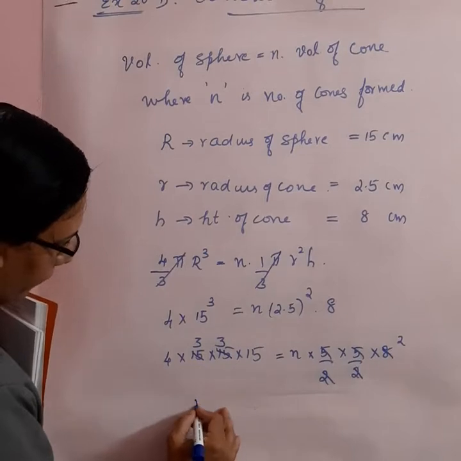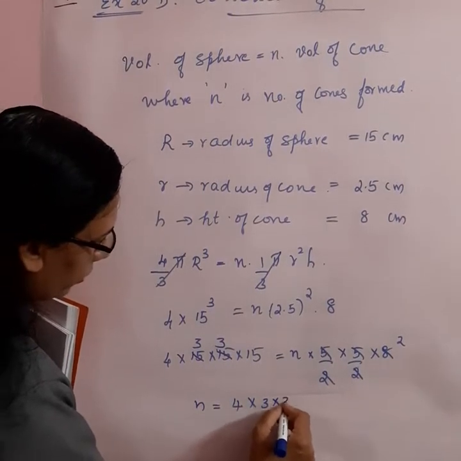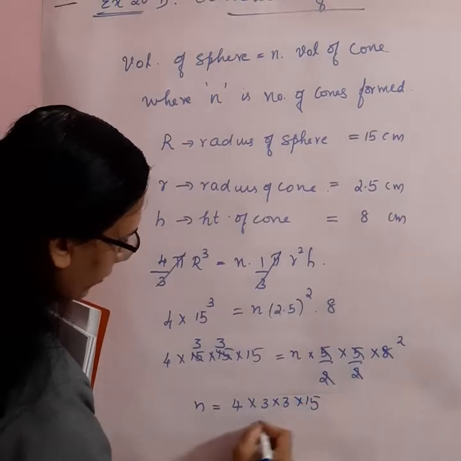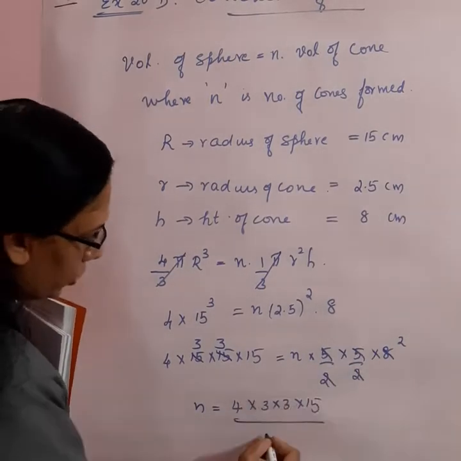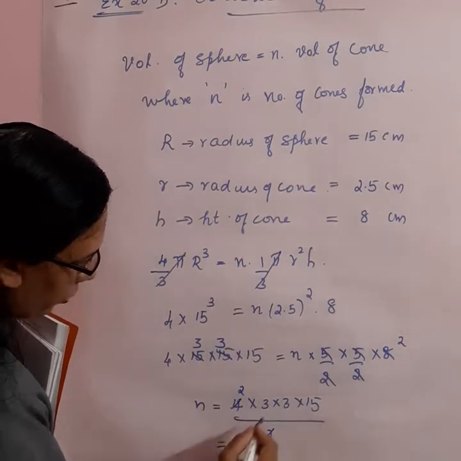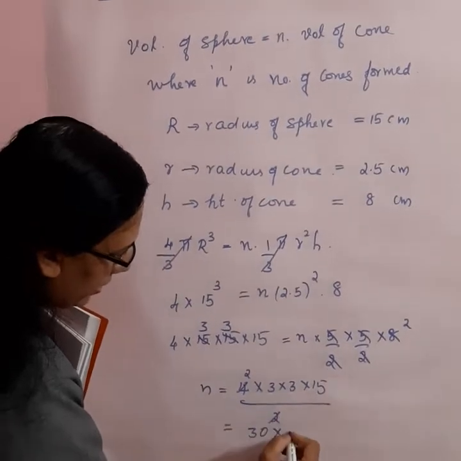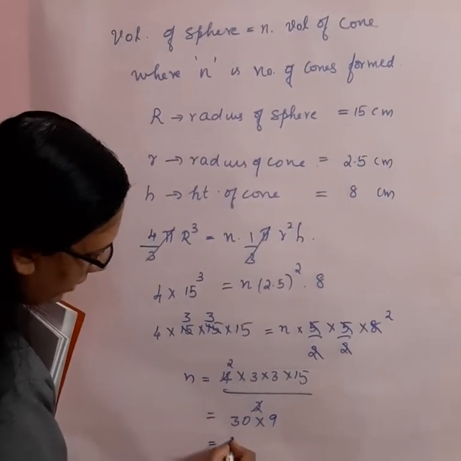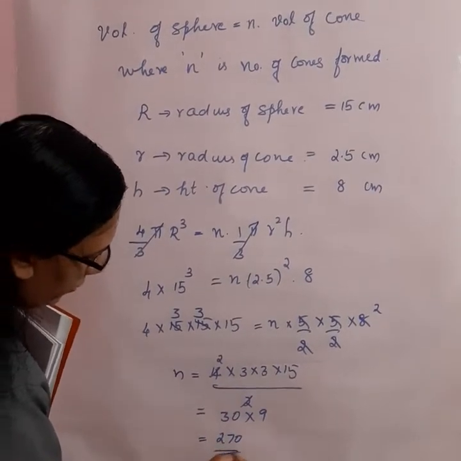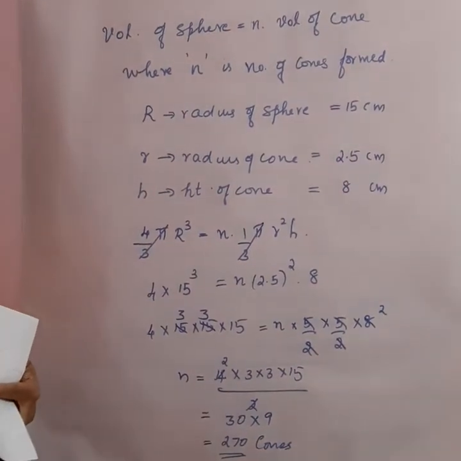So n is equal to 4 into 3 into 3 into 15 divided by 2. So 2 will go here twice. So you get 15 into 2, it is 30. 3 3s are 9, 30 into 9 is 270. So the number of cones formed is 270 cones.